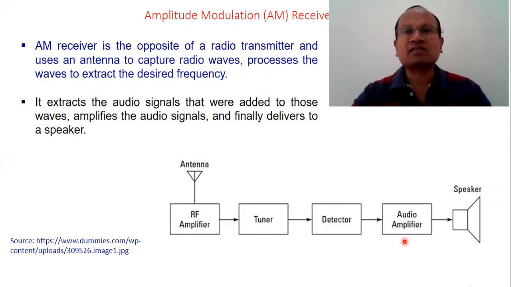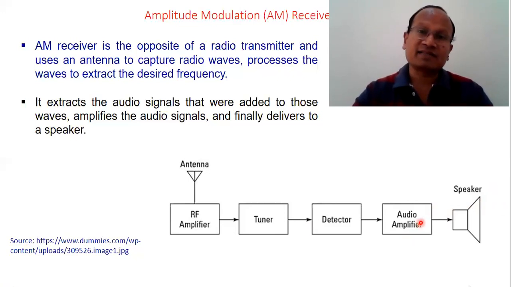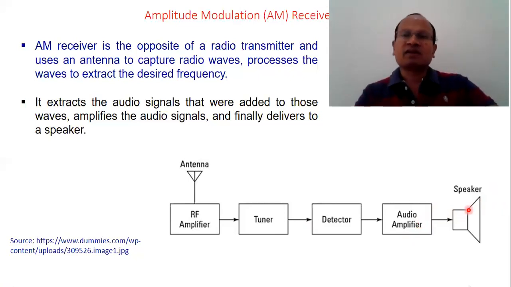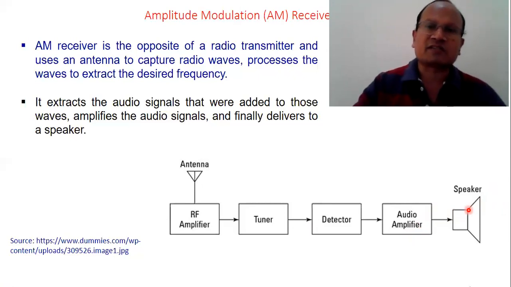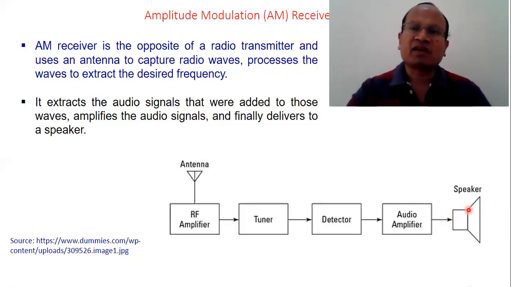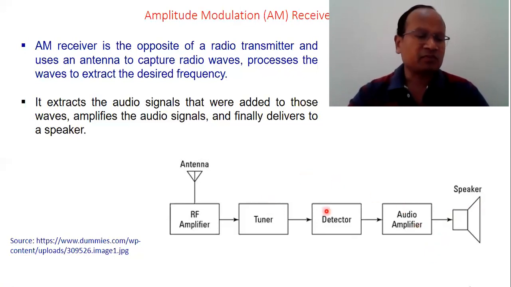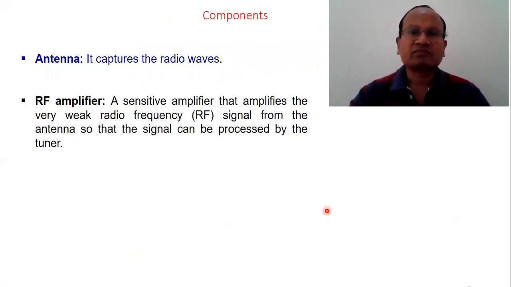We can pass it through an audio amplifier, amplifying the signal up to enough signal strength, and then it is given to the speaker, where the voice, the audio which was transmitted, gets delivered. So this is how this block diagram works.